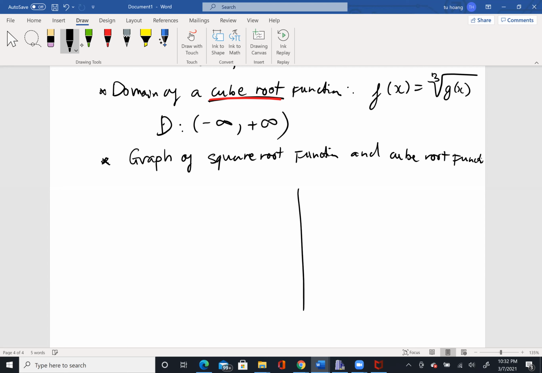So let's compare f of x equal to square root of x, and here is g of x equal to cube root of x.